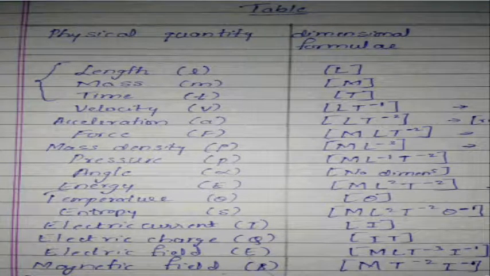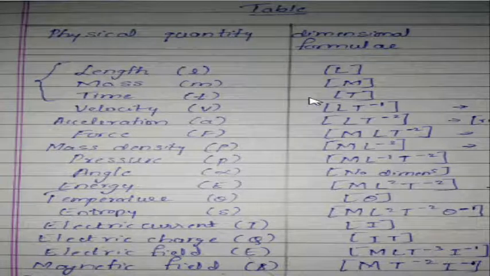So this is the table containing some physical quantities and their dimensional formulae. L, M, and T are the fundamental units which have the dimensional formula L, capital M, and capital T.